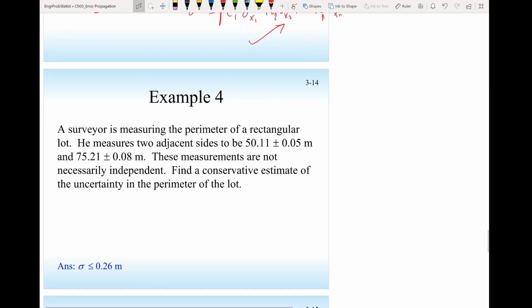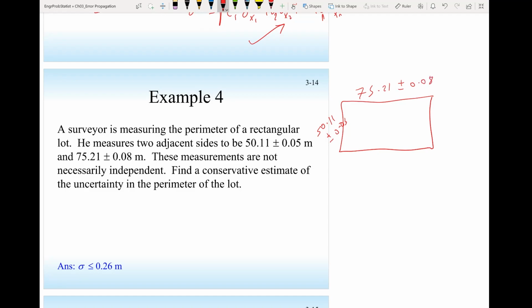So a simple problem like this: a surveyor is measuring the perimeter of a rectangular lot. He measured two adjacent sides to be 50.11 plus or minus 0.05, and the other one is 75.21 plus or minus 0.08. Find the conservative estimate of the uncertainty in the perimeter. So the perimeter is 2x plus 2y.